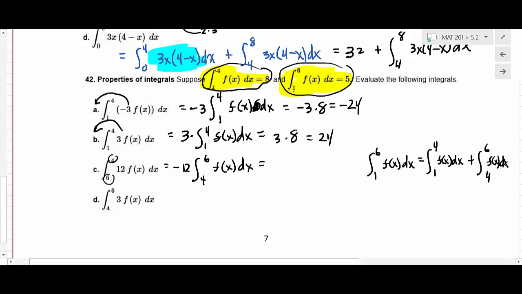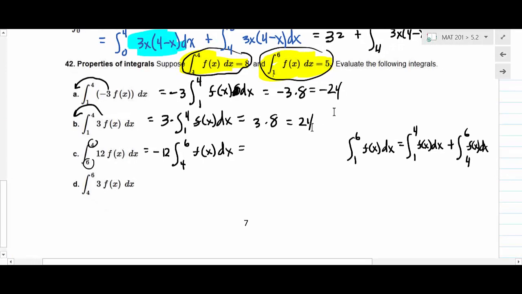The reason I'm doing this is so I can come up with a simple equation. The integral from 1 to 6 was given as 5. The integral from 1 to 4 was given as 8. And this is the integral we're trying to find anyway.